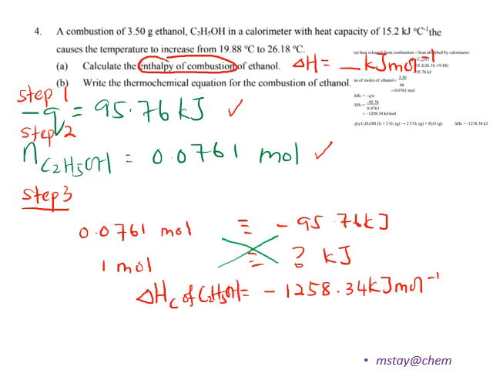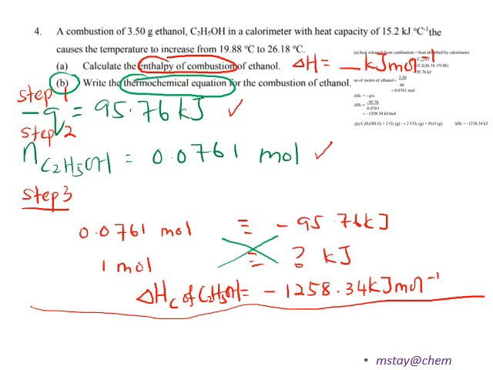Next, we are going to proceed with tutorial question 4b, where we need to write the thermochemical equation. Basically, we want to write a chemical equation. C2H5OH liquid burns in excess oxygen to produce carbon dioxide gas and water.